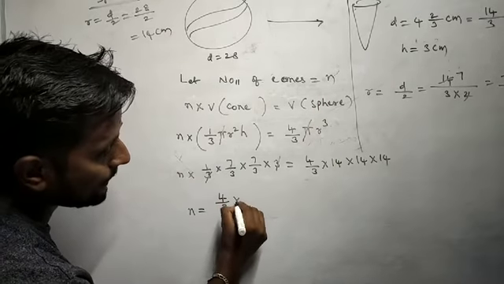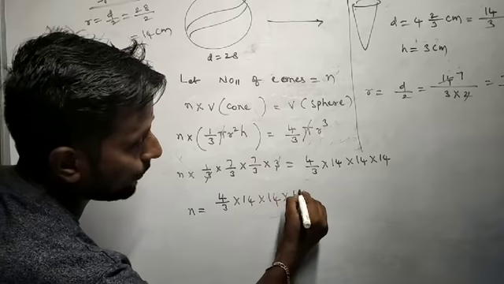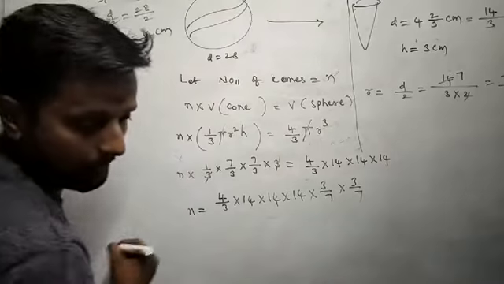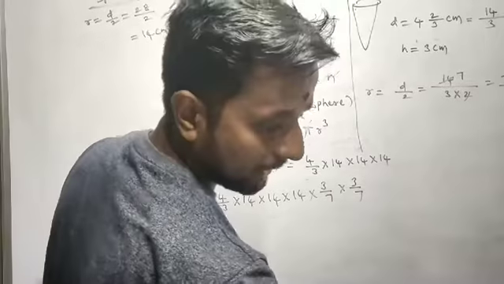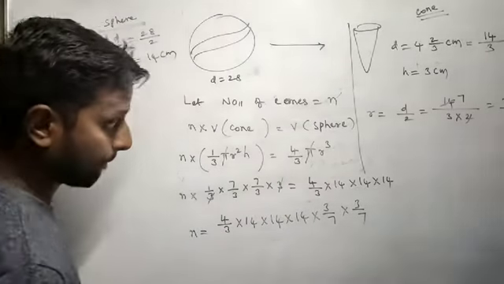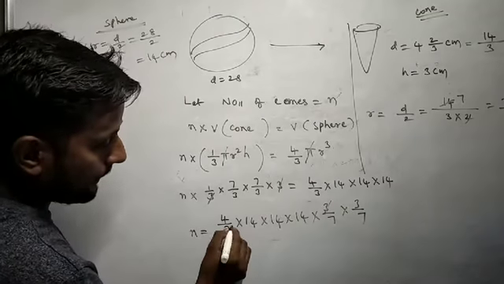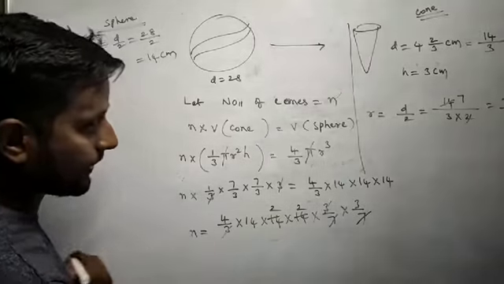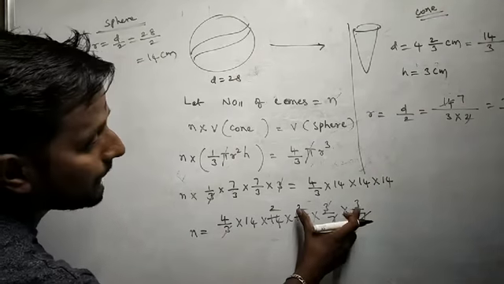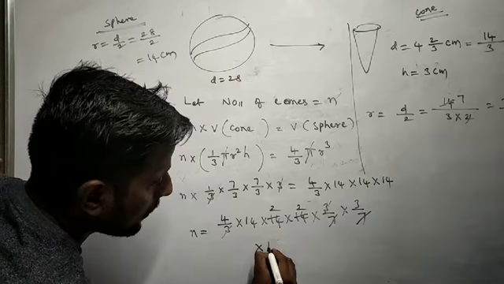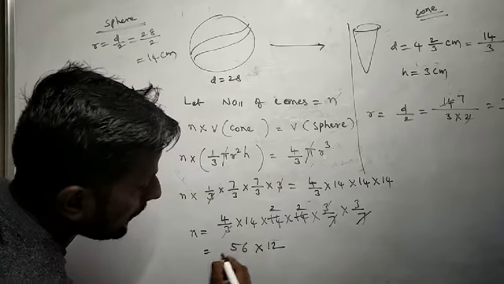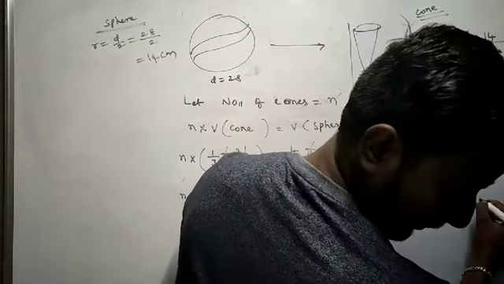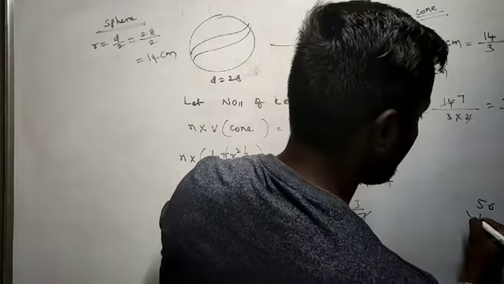So 4 by 3 as it is, 14 into 14 into 14 and 7 by 3 will become 3 by 7 into 3 by 7. Now make the cancellations. 3 gets cancelled, 7 ones are 7, twos are 14. Now we'll write 3 twos are 6, twos are 12, and 14 fours are 56, okay? 56 into 12.